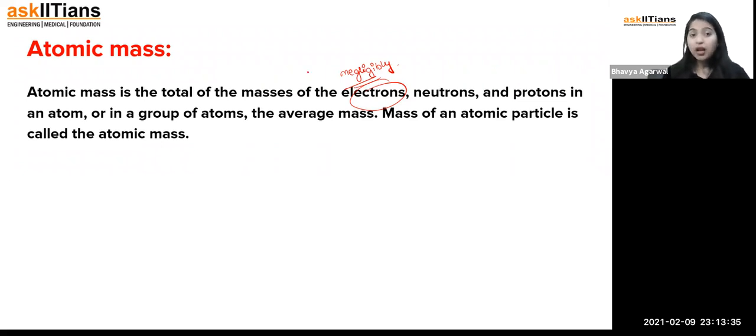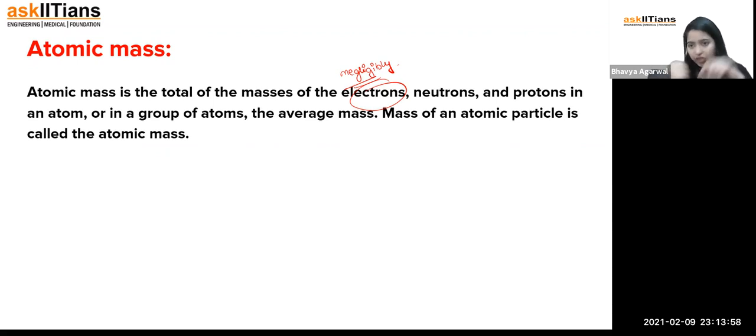Now, you've seen in the previous example something like 15.99. How can something be 15.99? If it is actually the sum total of neutrons and protons, then how can it be a fraction? It's not possible.